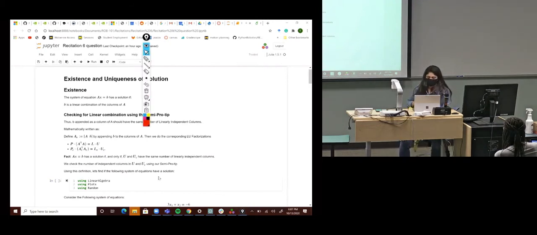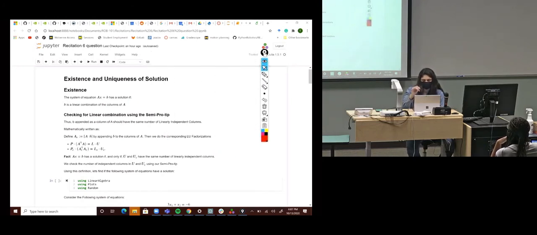Let me get my pencil here. One way to do that is by definition, where we write down something like B is alpha 1 times the first column of A plus alpha 2 times the second column of A, and so on.